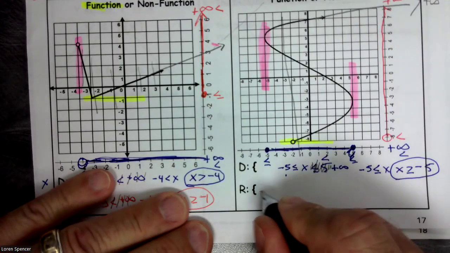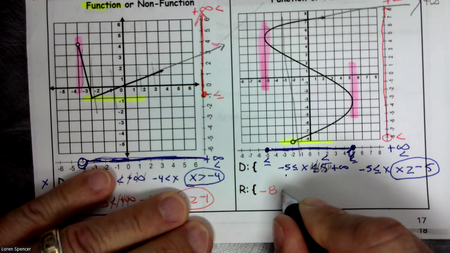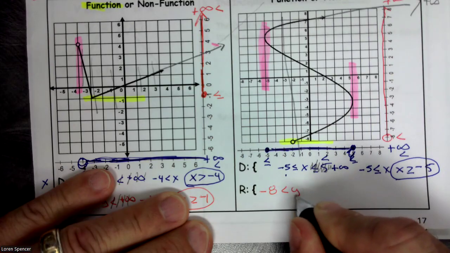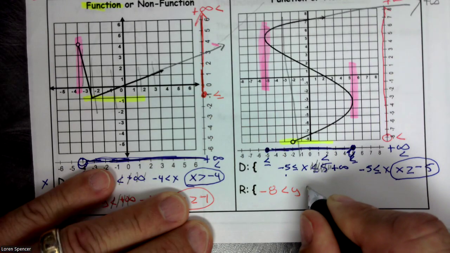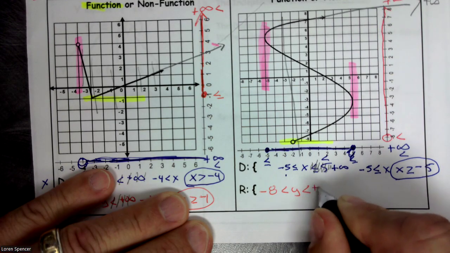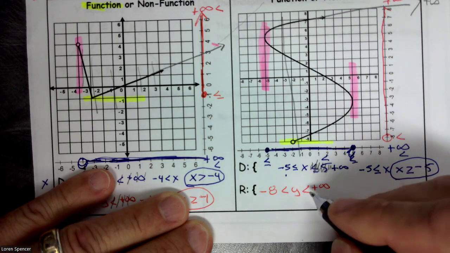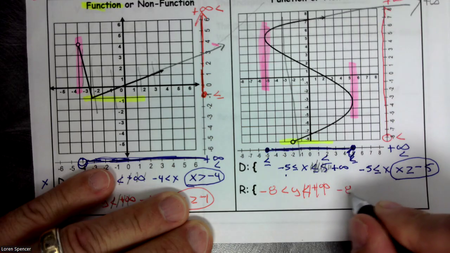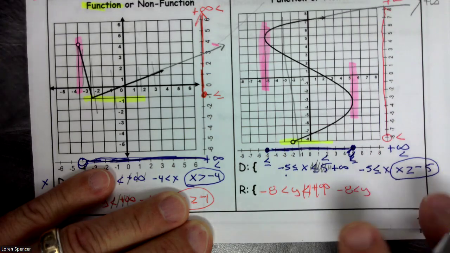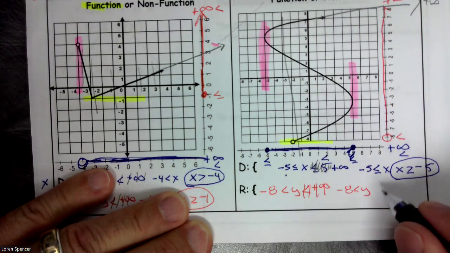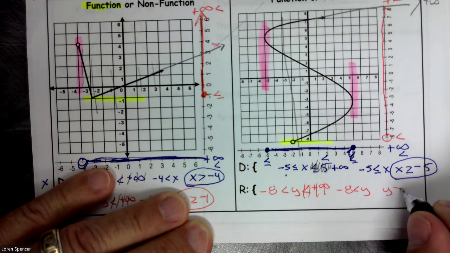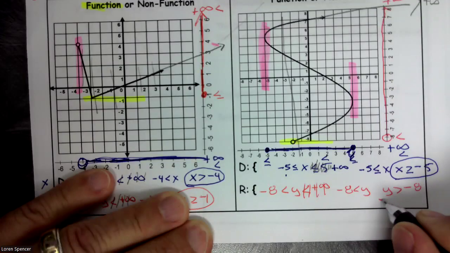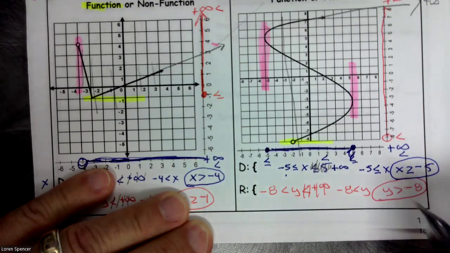So this is -8 less than y, because it's the range, less than positive infinity. But we know we can't have this, so we cross that out. And now we have -8 is less than y, but we have to have the variables on the left, so we have to flip it. So this is y is greater than -8, because everything flips, including the sign.